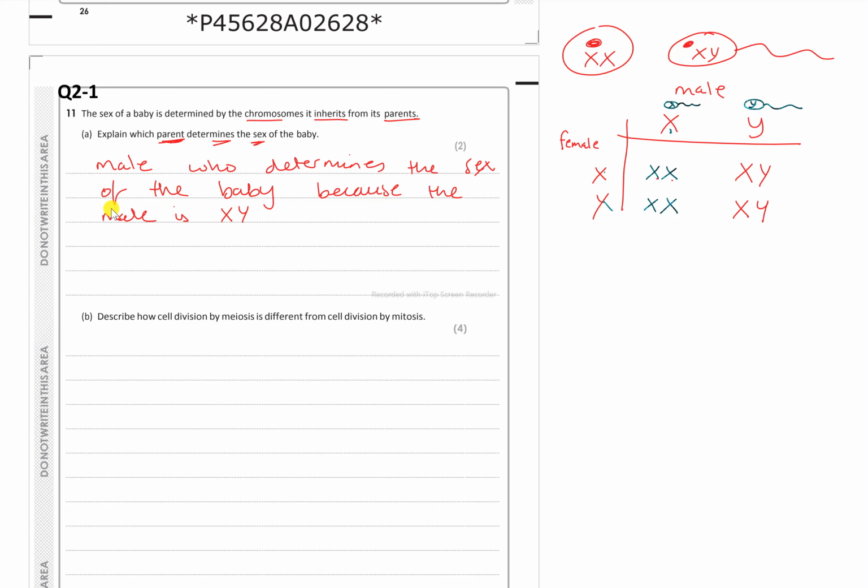They call it heterogametic, I would say. So, and it's this chromosome, the Y chromosome, that determines if you're a male.